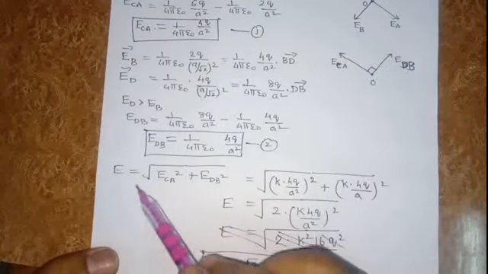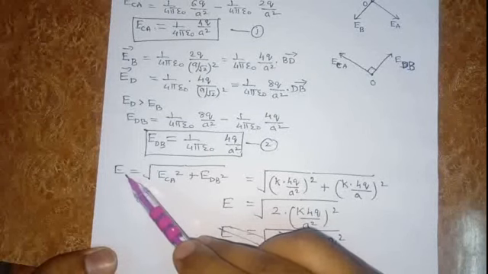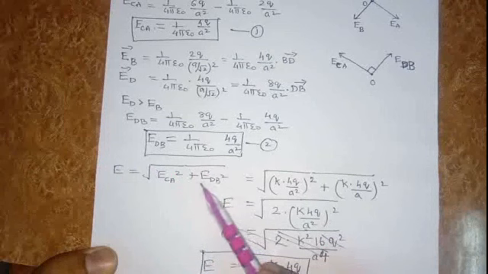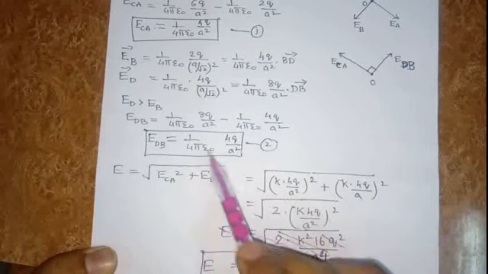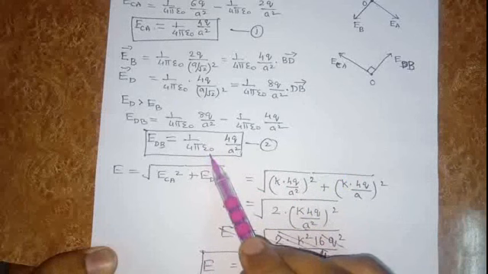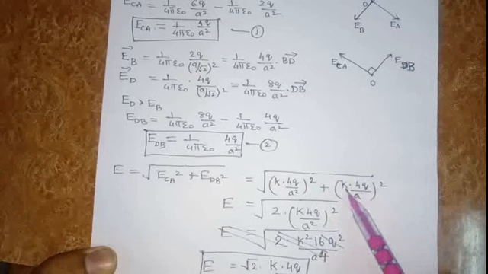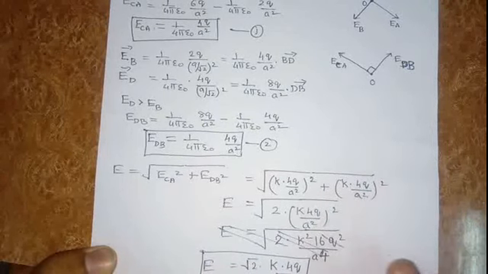Therefore, the net electric field according to the superposition principle is a vector sum. So the net electric field E will be root of ECA the whole square plus EDB the whole square. Instead of 1 by 4 pi epsilon 0, I am substituting K. Therefore, root of K into 4Q divided by A square the whole square plus K into 4Q divided by A square the whole square.